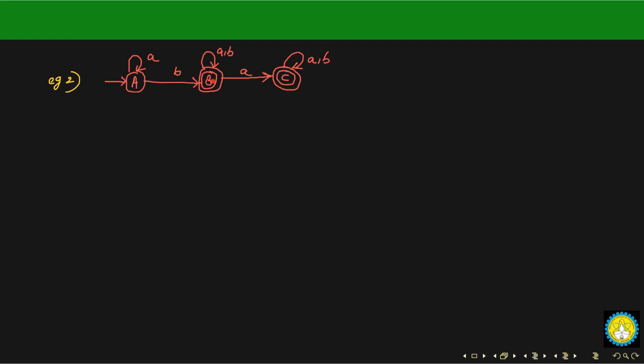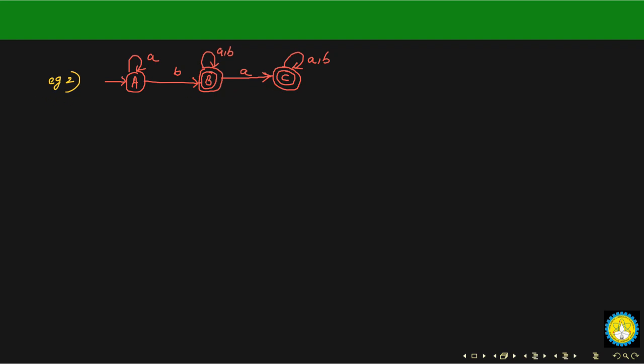This NFA does not have a single final state, rather it has two final states, so we have to consider the simplified regular expressions for both B and C. Let's start working it out.